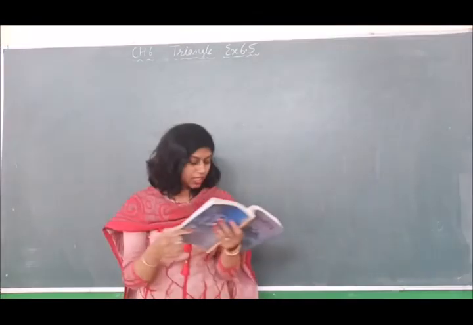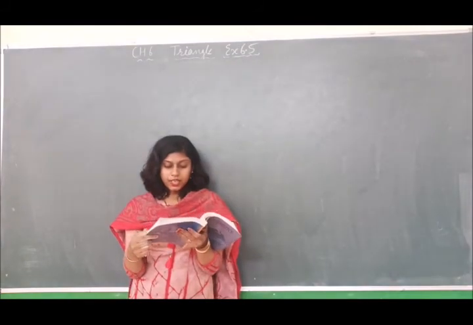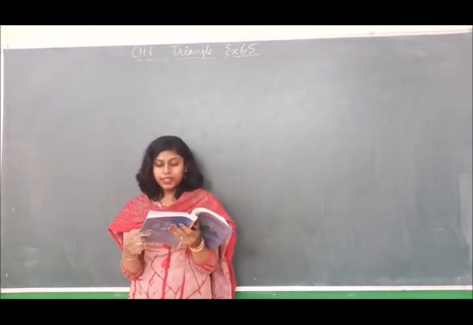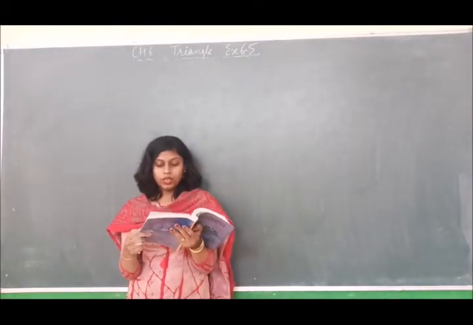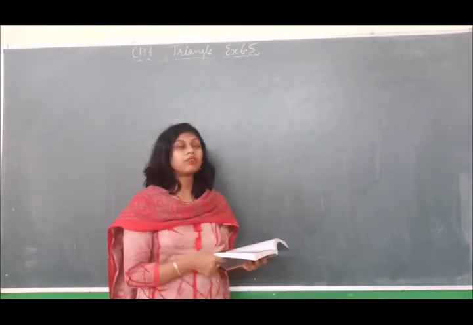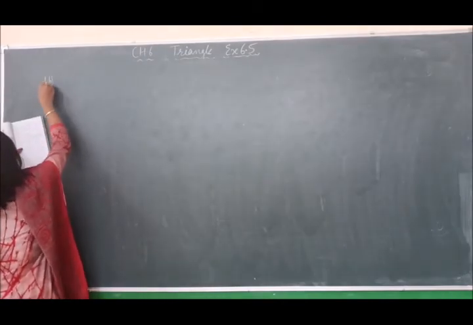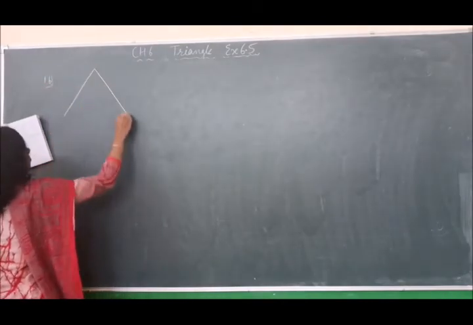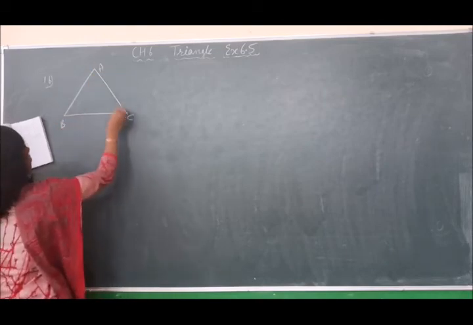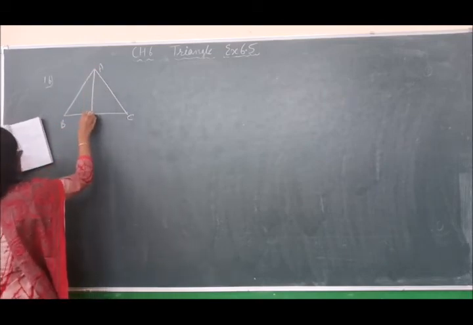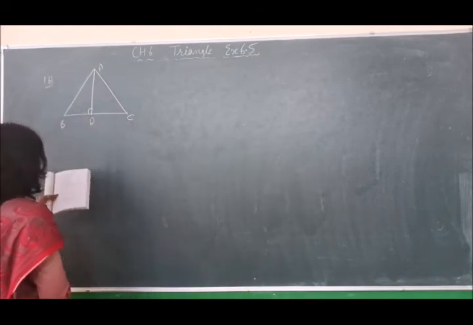The 16th question is the same as question number 6 of the same exercise. In an equilateral triangle, prove that 3 times the square of one side is equals to 4 times the square of one of its altitudes. Equilateral triangle ABC, this is median as well as perpendicular, that is altitude.